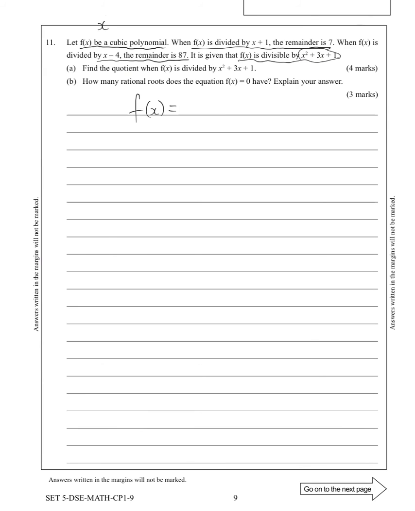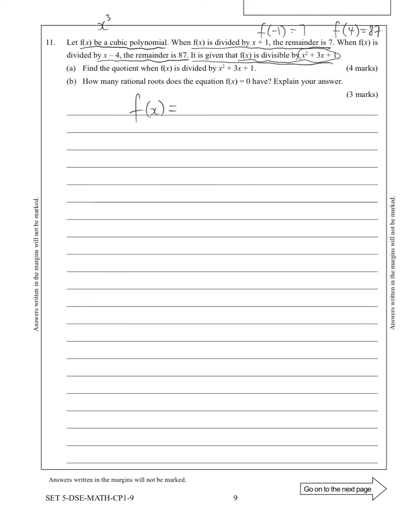Cubic means it needs an x to the power of 3 polynomial, and then basically it's telling us two conditions: f(-1) is 7, and f(4) is 87. But that is if we know what f(x) is. So actually what we need to use is the last statement, okay?